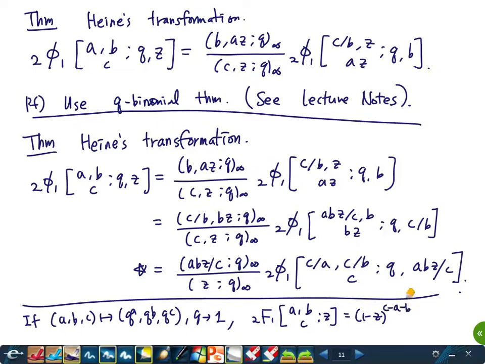This is called Euler's transformation. So each of these gives a hypergeometric series transformation. Q hypergeometric series, like I said, is a generalization.